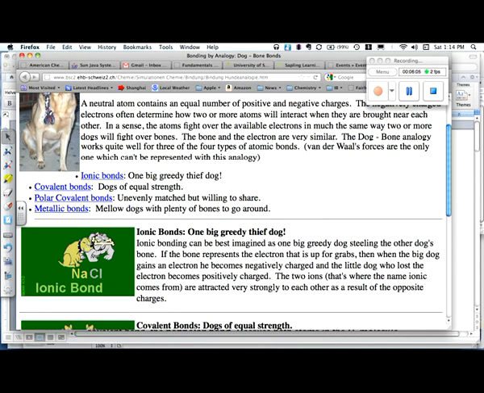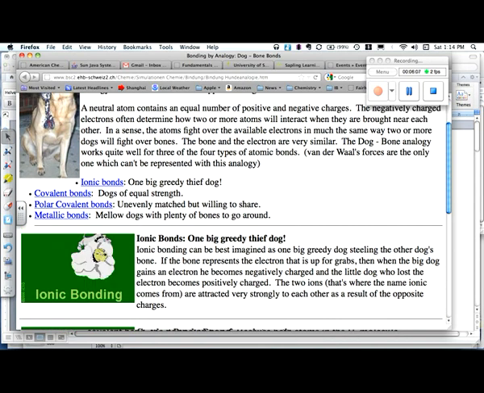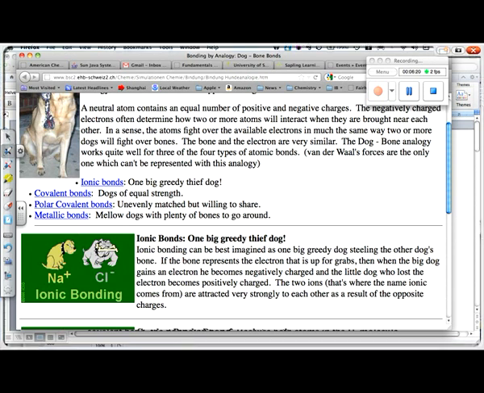All right, as I mentioned before when we started this material on bonding, it is the electronegativity difference between the atoms in a bond that determines whether you are going to be ionic or covalent or polar. Ionic bonds, you've got one big greedy thief dog. That's why you always hear me talking about fluorine being the big dog on the table.